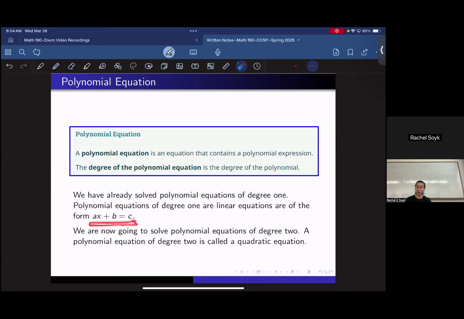Those are polynomial equations of degree 1. But in this section, we are going to step it up a bit, and we're actually going to now be in the realm of degree 2, which is also known as quadratic equations. So polynomial equations of degree 2 is just another way of saying quadratic equation.